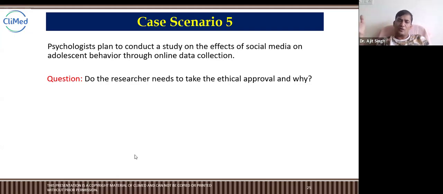Either from Google Form or mobiles or polls, where the investigator and the participant are not meeting. Understand? That is the scenario here, right? So you have to tell me the characteristics of this scenario.